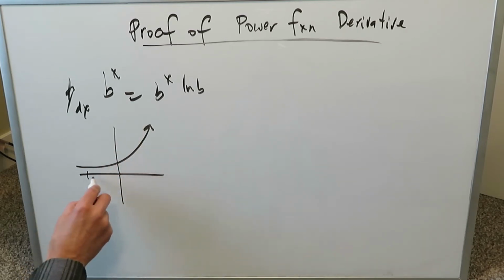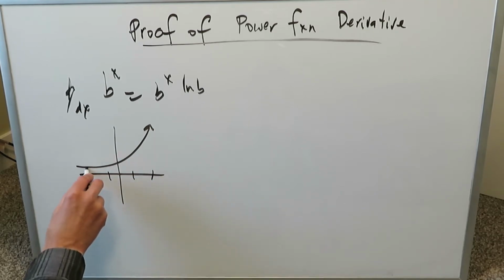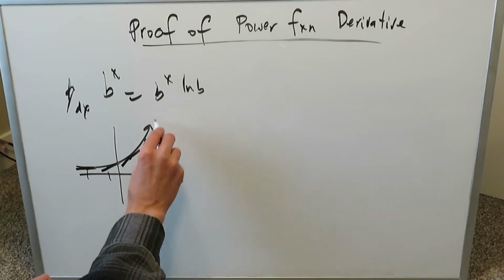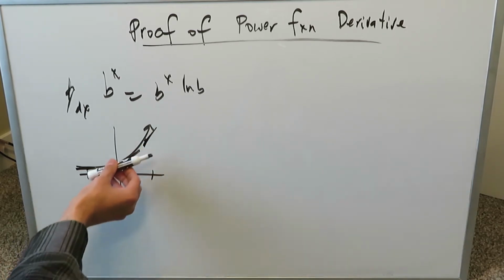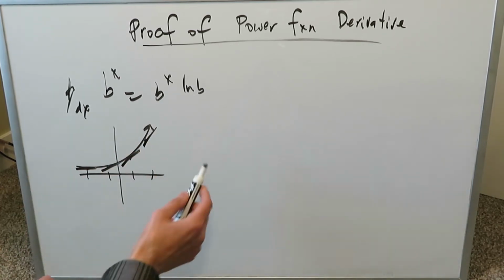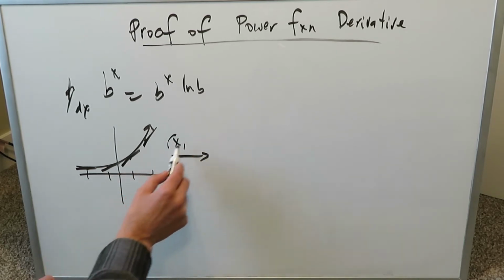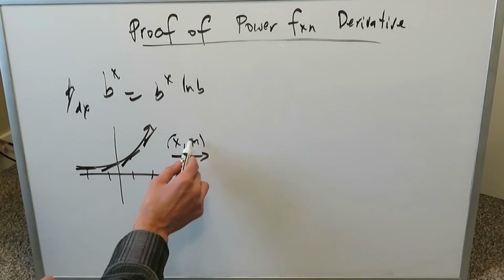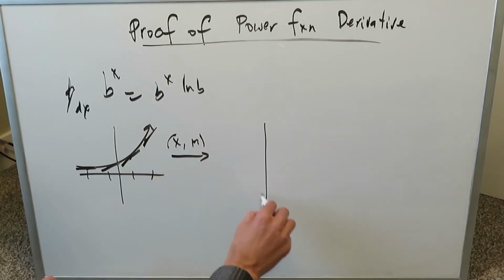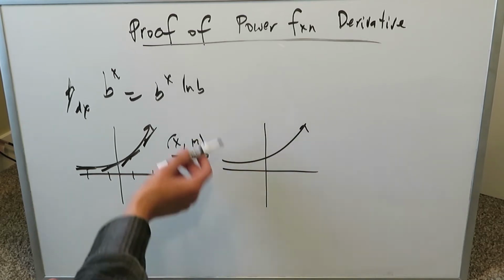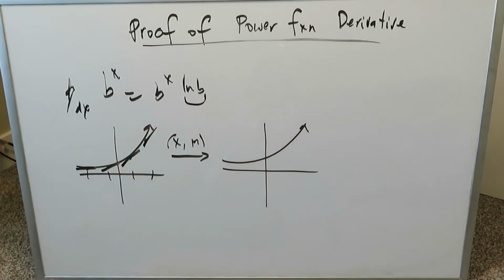If you were to draw tangent lines at various points, you'd see tangent lines all with positive slopes of a varying degree of steepness or flatness. If you were to plot these x-axis values with the slopes of the tangent lines generated by those values, you would get a curve which would look very much like a power function, altered only by this little factor which comes into play.